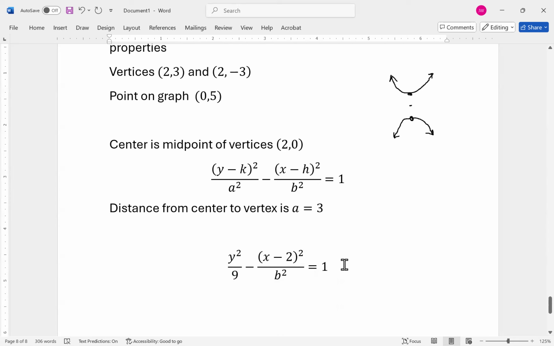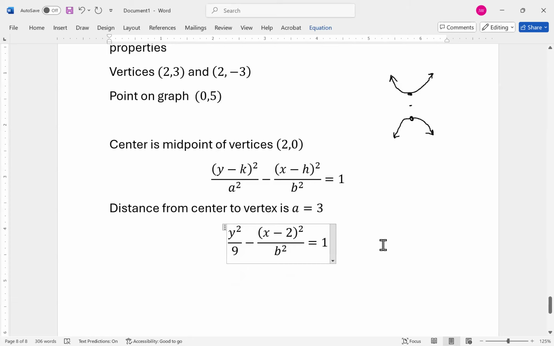I'm almost to where I want to be. I want to know the equation exactly. I only have one more part of the equation to figure out. The way I figure that out is by using the point on the graph. When you plug a point on the graph into an equation, it should give you a true statement.